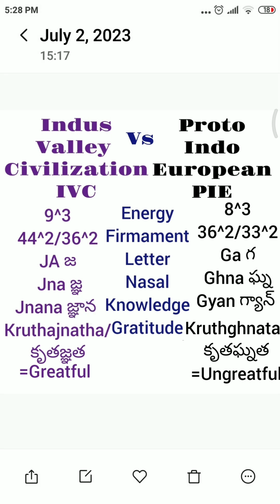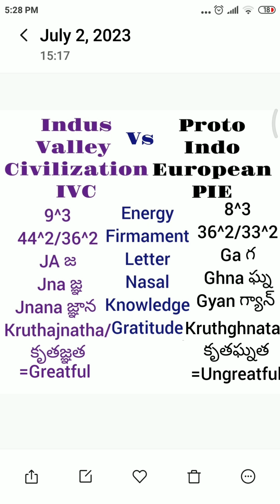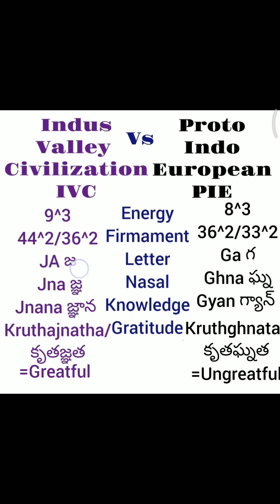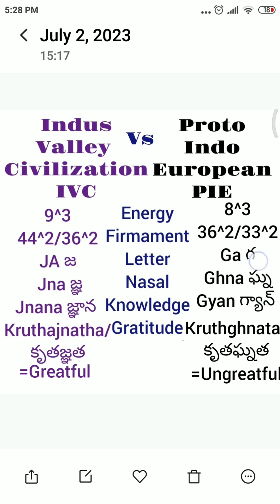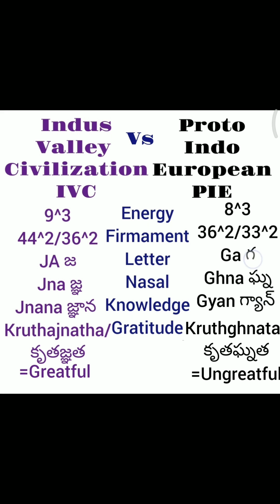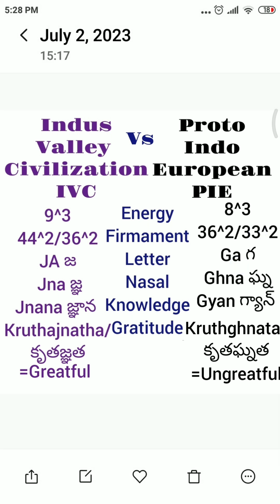In pure Sanskrit, it is called gnana, and ideally it should be jnana because it originated from ja. And here they pronounce it as gyan, which originated from the letter ga, which is 33 squared. So now I get the difference, and the reason why these people call it gyan and these people call it jnana.